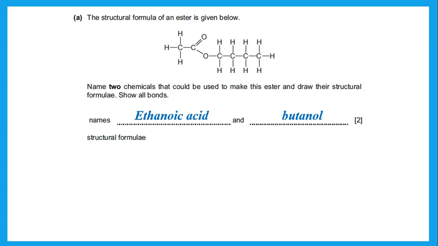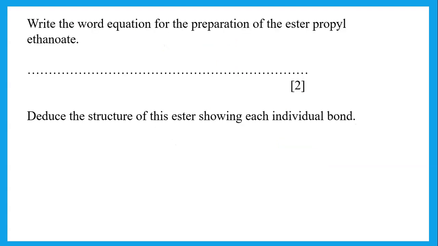Obviously the acid is the one on the left with 2 carbons, so that was ethanoic acid. The alcohol is the one that has the O, so that is something with 4 carbons, so that is butanol, and you should be able to draw the formulas of ethanoic acid and butanol.